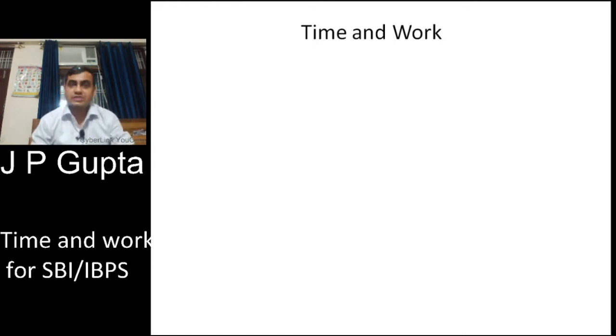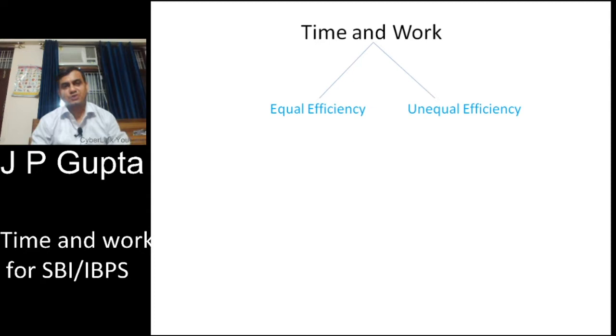Now today's topic I will be covering is time and work. Time and work has primarily two categories: questions based on equal efficiency and based on unequal efficiency. Every year in all banking exams you have questions from this segment, and not only in the quant section, but in mains exams there are generally lots of questions from DI.